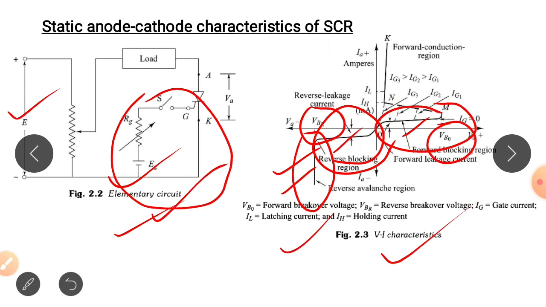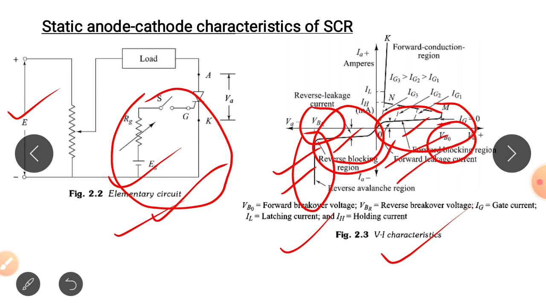So what happens when we increase the forward voltage? Then the reverse biased junction J2 will have an avalanche breakdown at the voltage level called forward breakover voltage, that is VBO. When the forward voltage is less than VBO, SCR offers a high impedance, because in this region SCR is in off state.